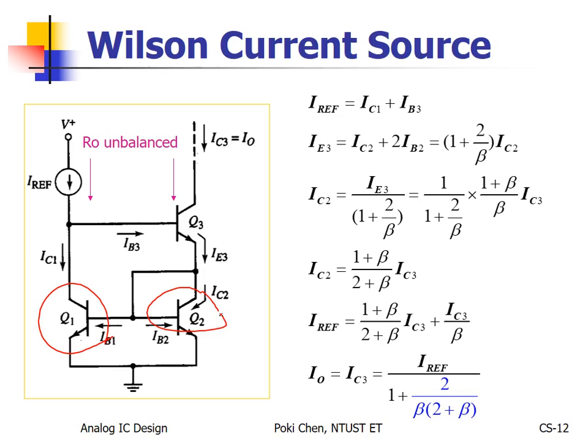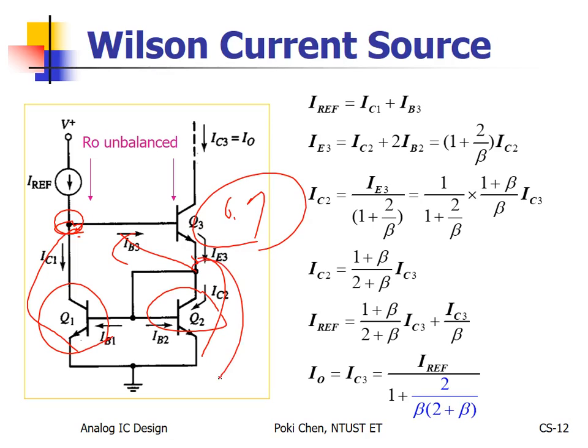So VCE here and VCE there, will they be the same? No, right? Because VCE1 is almost 0.7 volt higher than VCE2. So no accurate current matching you can get with such a Wilson current source.